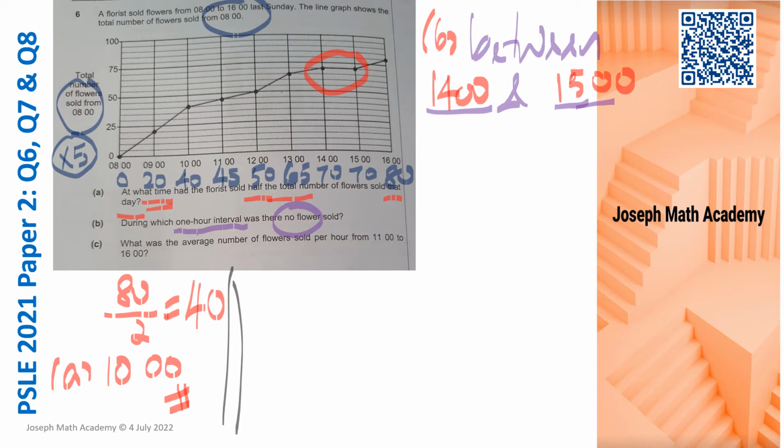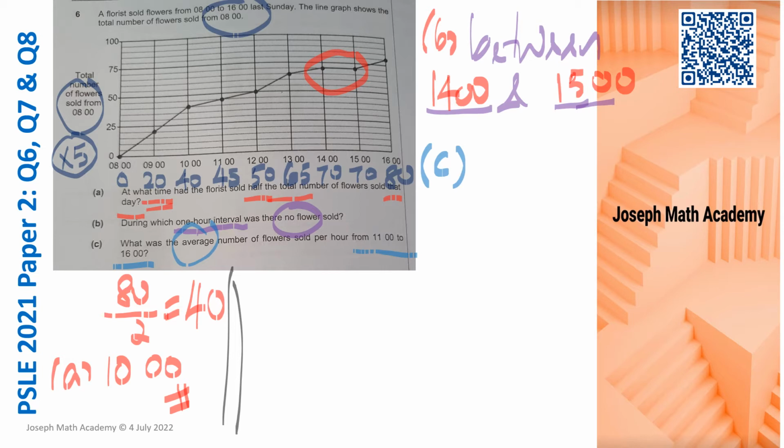Next, let's move on to part C. What was the average number of flowers sold per hour from 1100 to 1600?